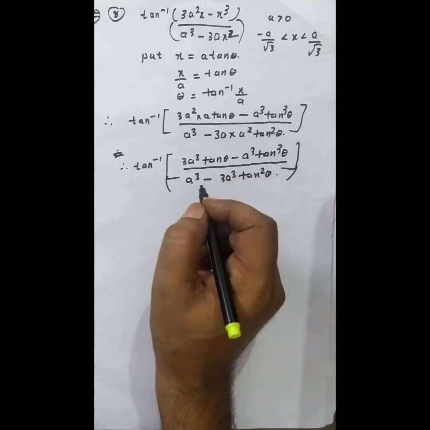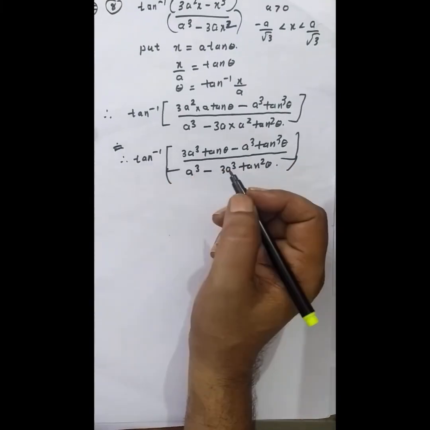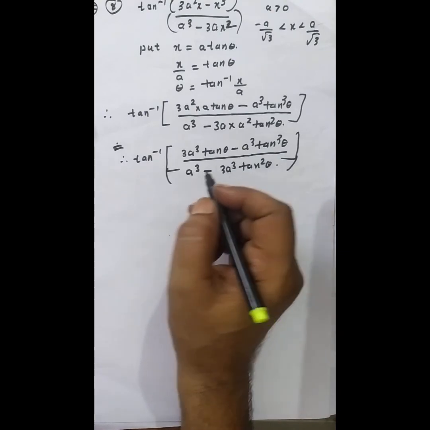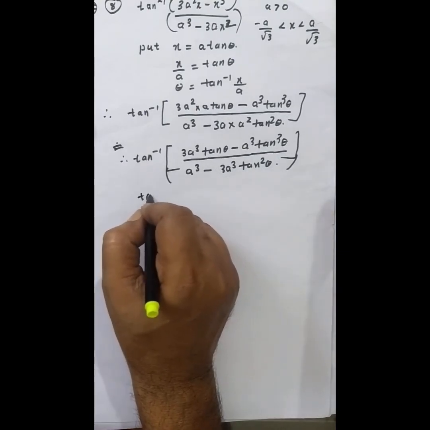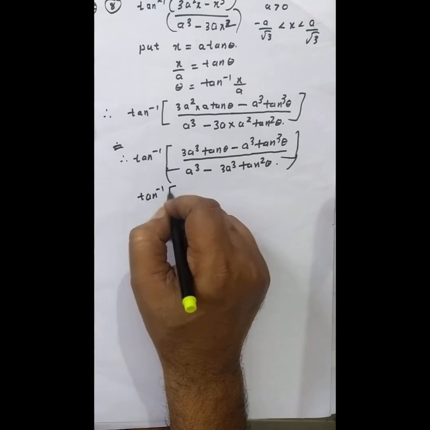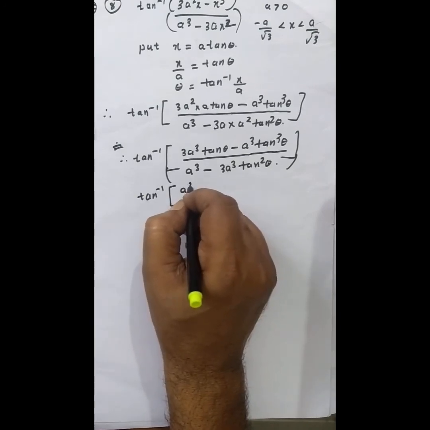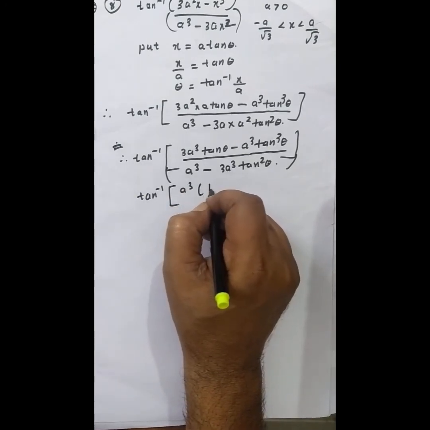So you can see in the numerator, a cube is common. In the denominator also a cube is common.